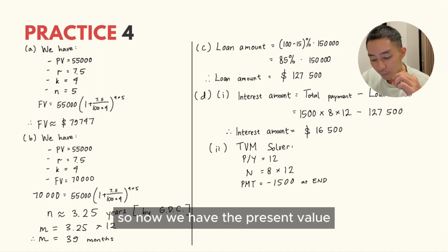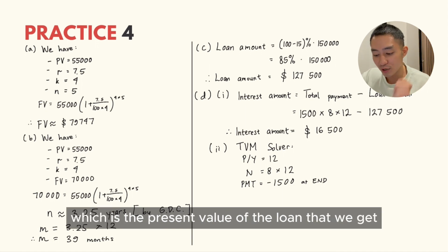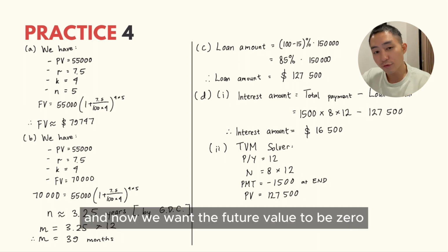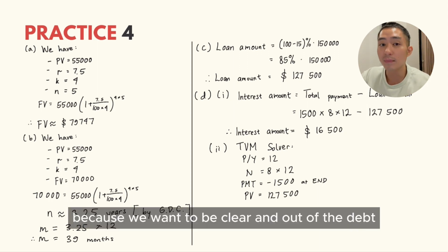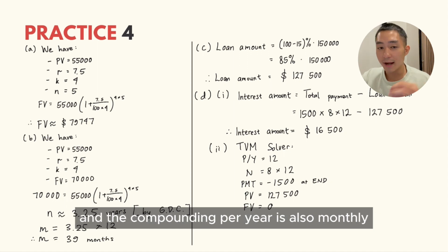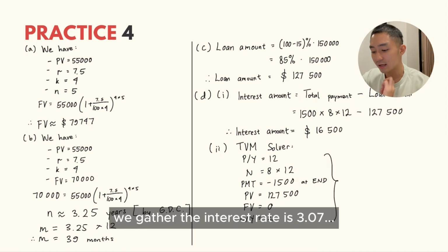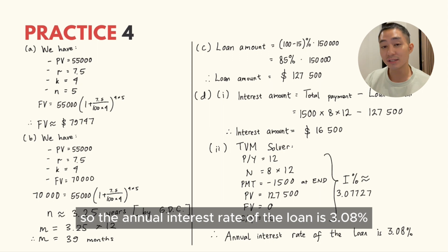The present value is the value of the loan that we get, 127,500. And now we want the future value to be 0 because we want to be clear and out of debt. The compounding per year is also monthly, so it equals 12. We solve that for the interest rate and get 3.07... So the annual interest rate of the loan is 3.08%.